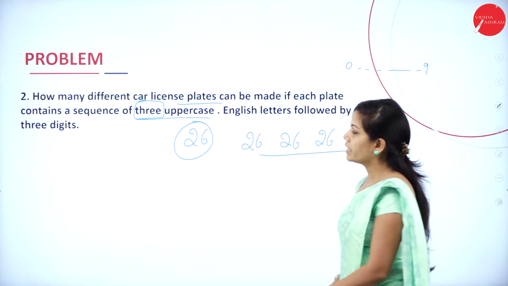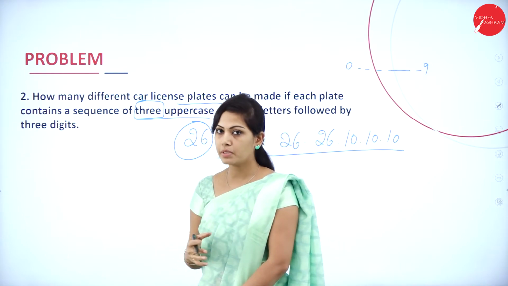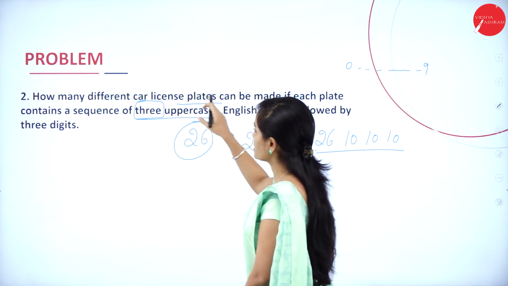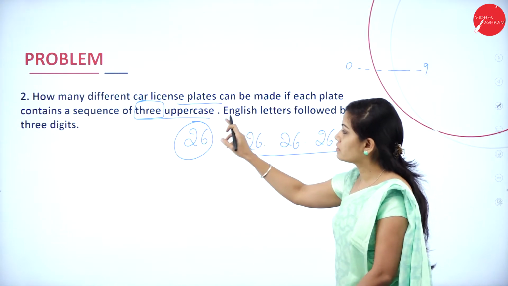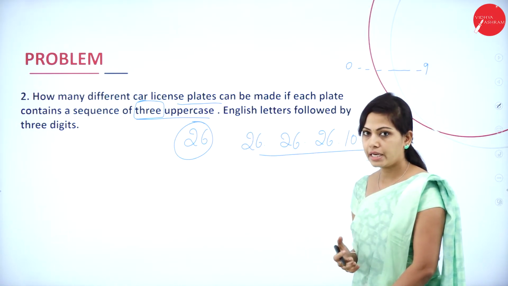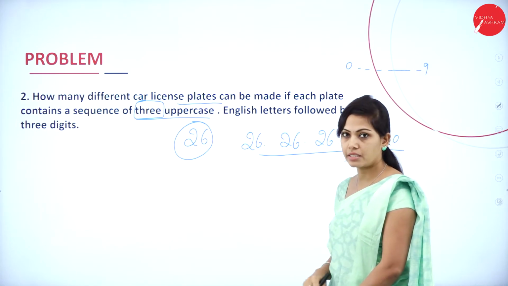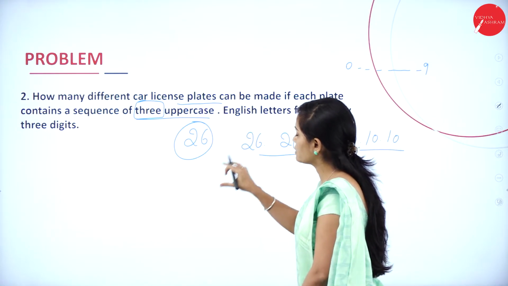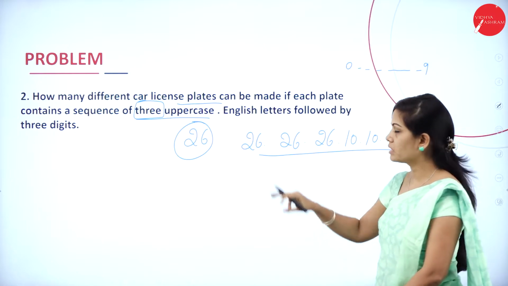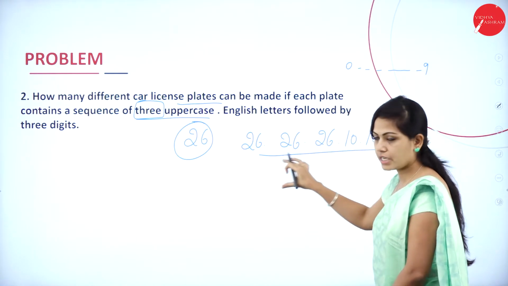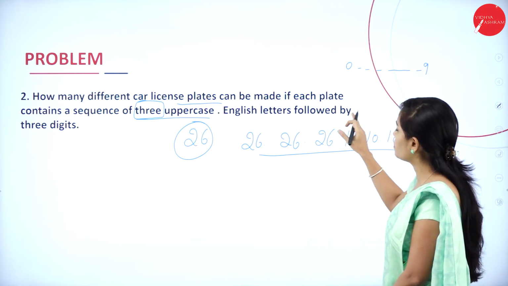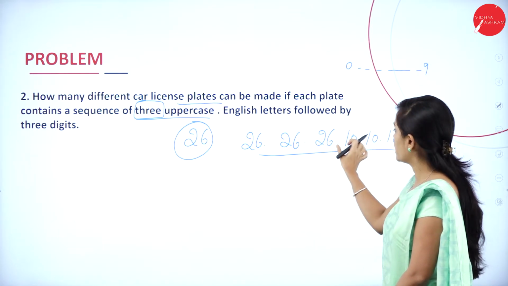I'll repeat. Here they have not mentioned the numbers. How many different car license plates can be made if each plate contains a sequence of 3 uppercase letters? In the English alphabet, we have 26 letters, so 3 uppercase means we repeat 3 times, followed by 3 digits, 10, 10, 10.